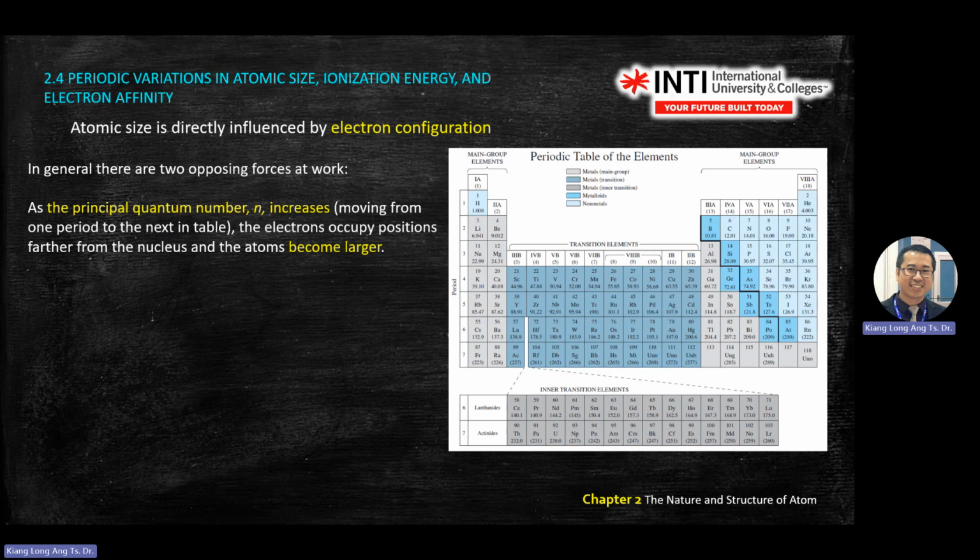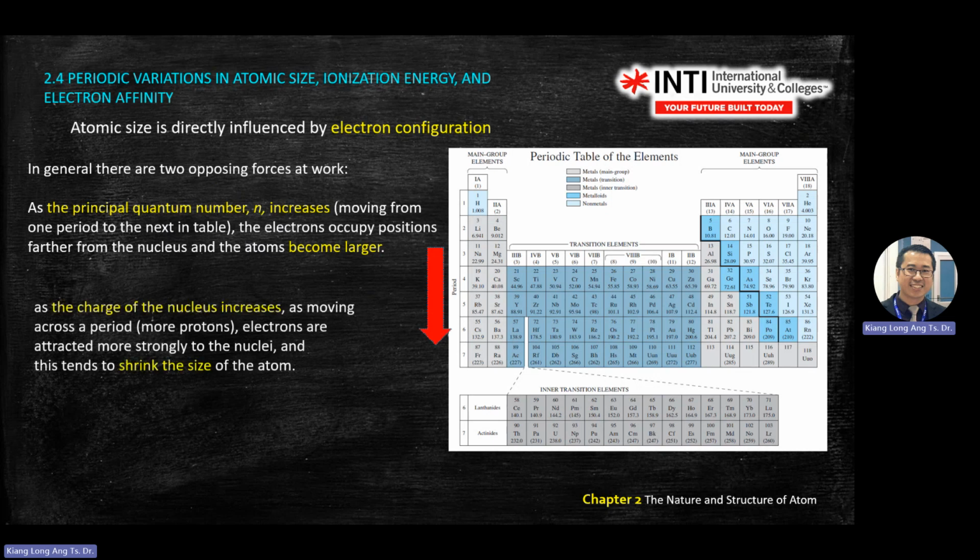Now, if you move from left to right, you need to focus on the core, the nucleus. How many positive charges are there? The positive charge, the protons. As you move from left to right, the proton charge becomes stronger and stronger. Stronger means the attraction is stronger. It can pull electrons from outside.